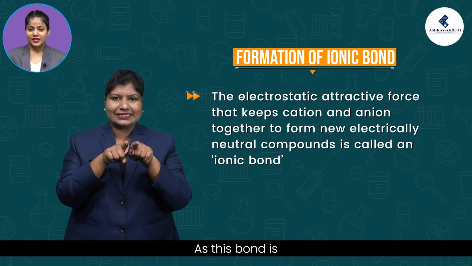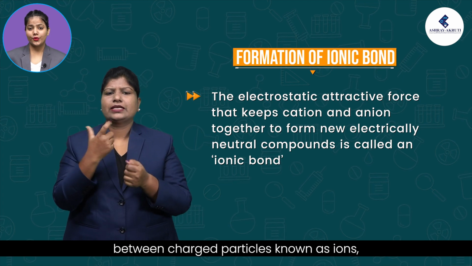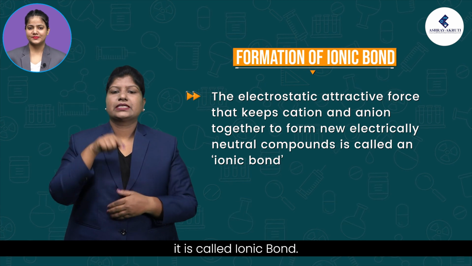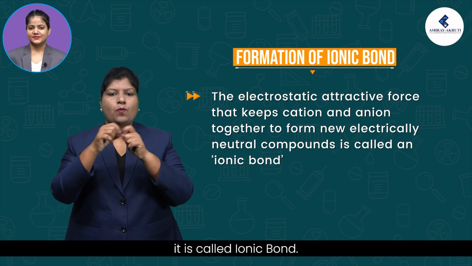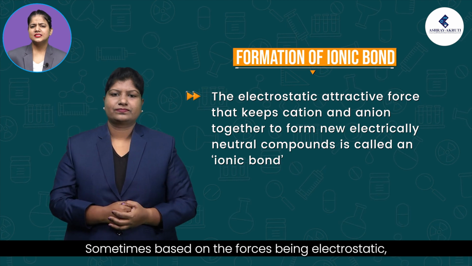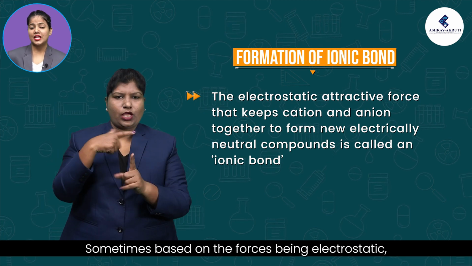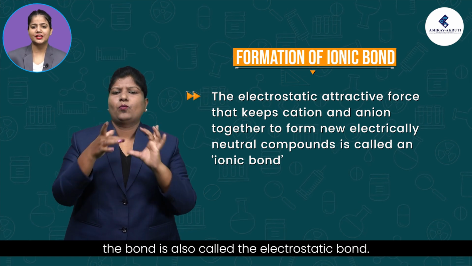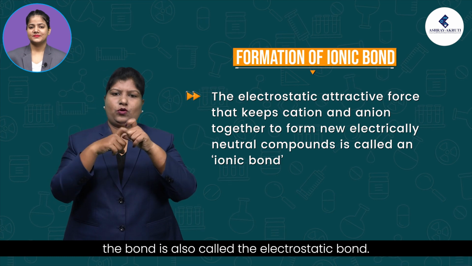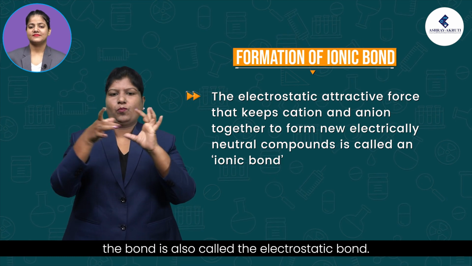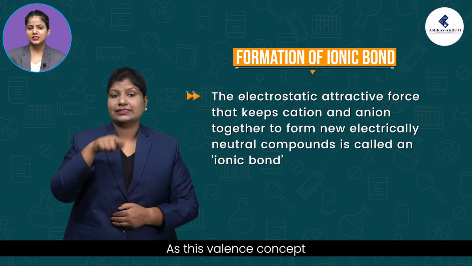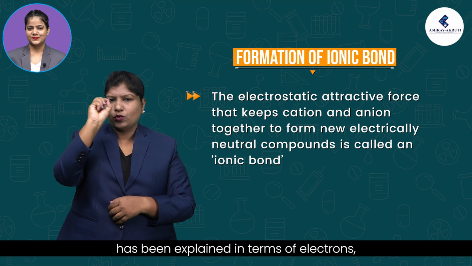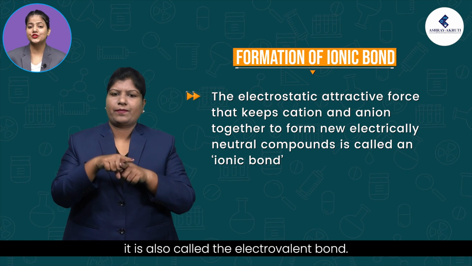As this bond is between charged particles known as ions, it is called an ionic bond. Sometimes, based on the forces being electrostatic, the bond is also called the electrostatic bond. As this valence concept has been explained in terms of electrons, it is also called the electrovalent bond.